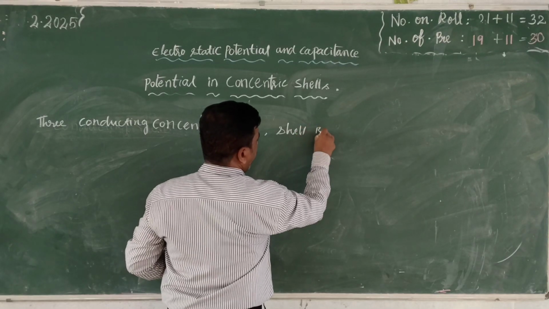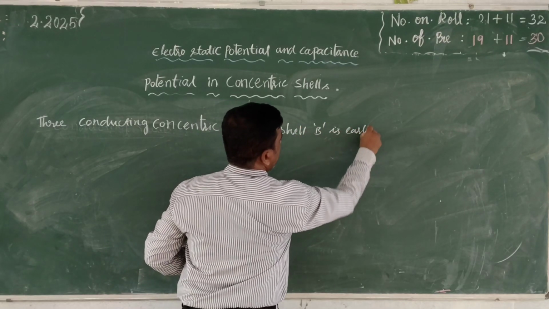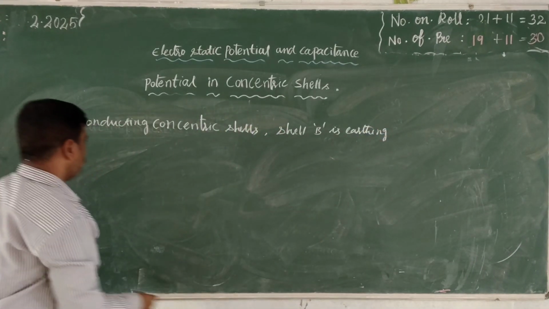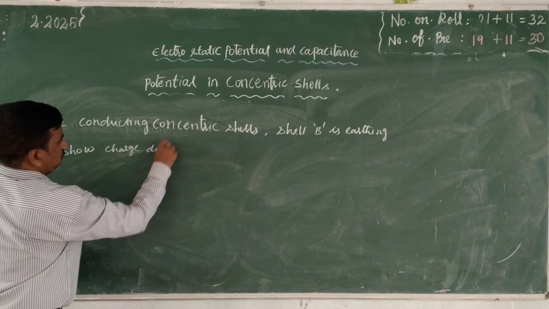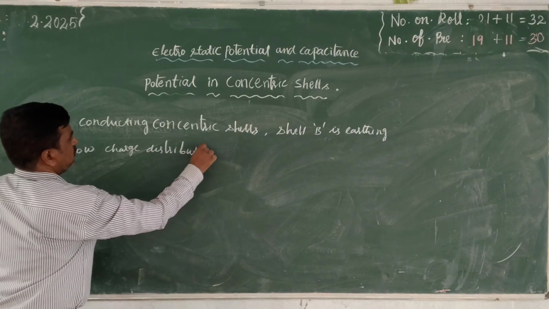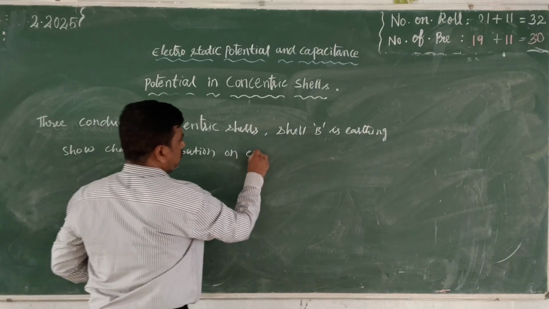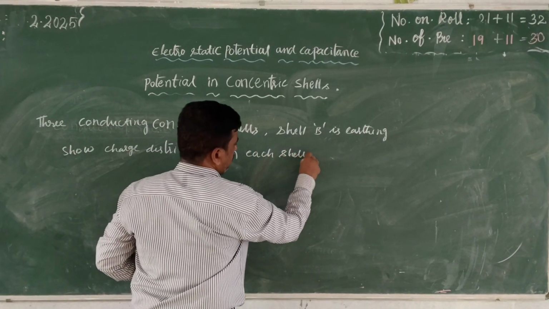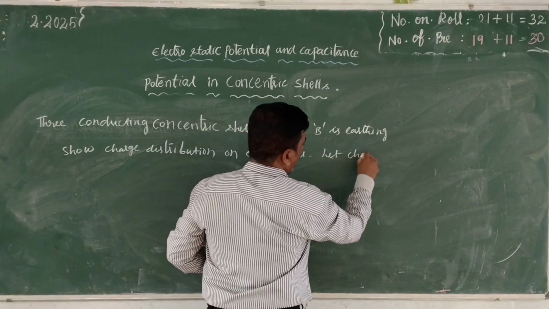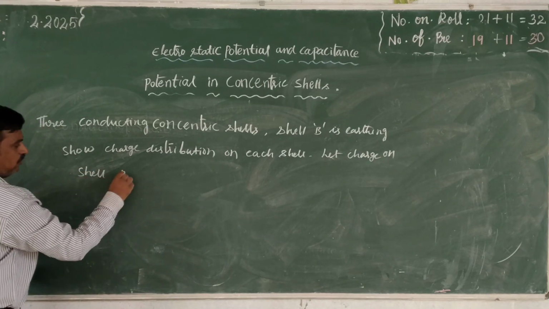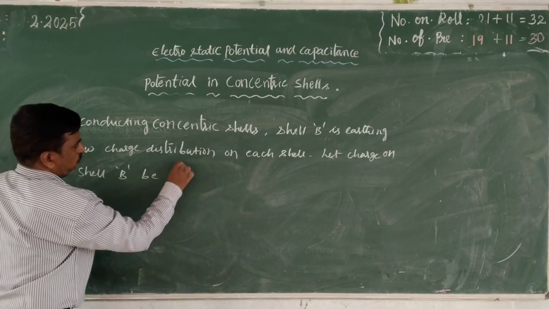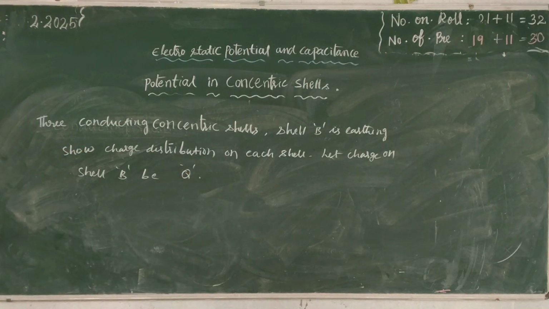Shell B is earthed. Show the charge distribution on each shell. Let the charge on shell B be capital Q. In this case we want to find out how the charge is distributed.